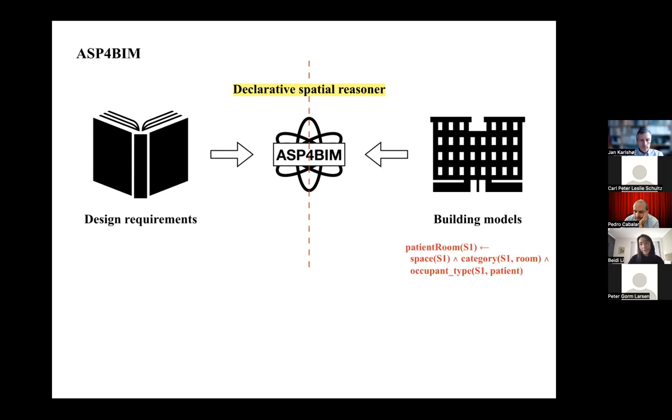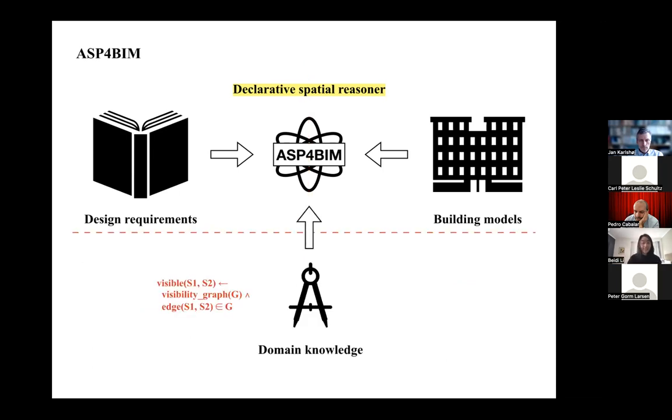On the other hand, we have building models, and we can use deductive rules to infer implicit properties from this model, which also provides a transparent and traceable way of reasoning about building models. And last, ASP has much domain knowledge integrated, so it knows how to interpret qualitative concepts such as visible.